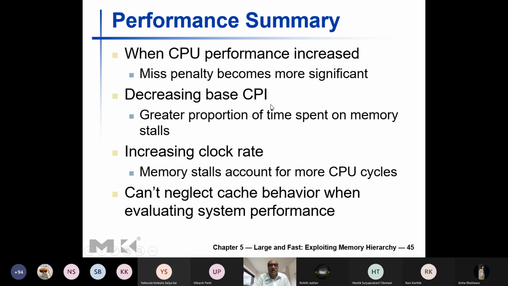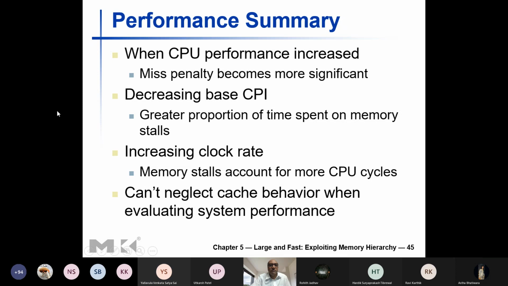If you try to reduce the number of execution cycles per instruction, then the overall time for execution of a program mainly depends upon the memory stalls, because here we are reducing the number of cycles per instruction in the normal execution.